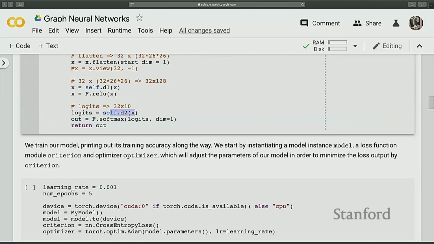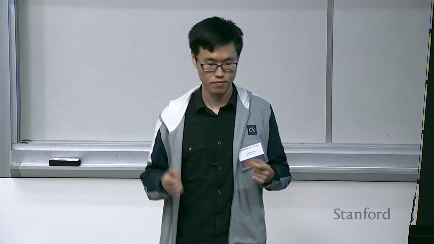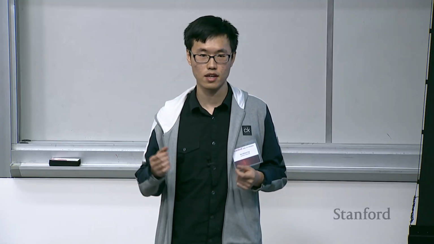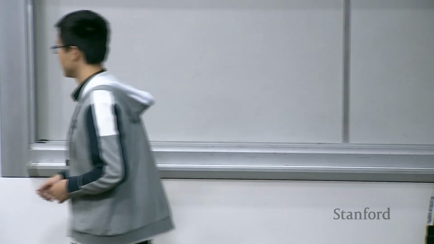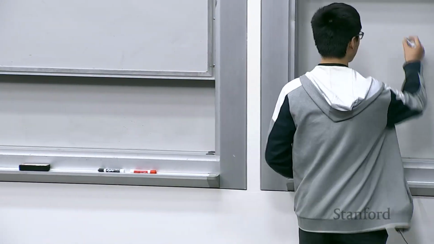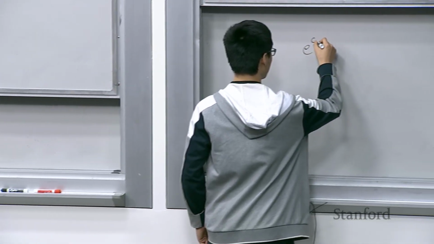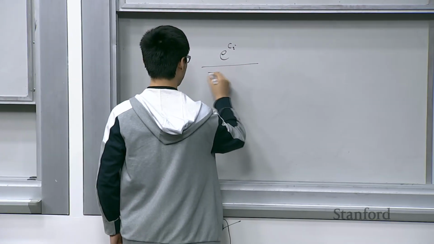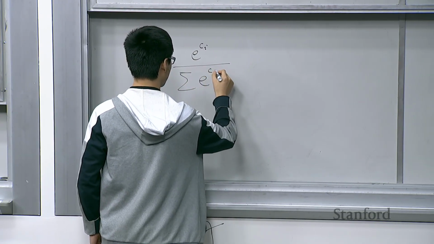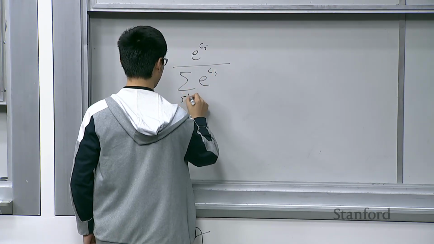For those of you who are not familiar with softmax, it's just a way to differentiably approximate a max. Say I provide a score for each of the candidate classes, and I use this function: e to the power of c_i over the sum of e to the power of c_j for j equals 1 to n.